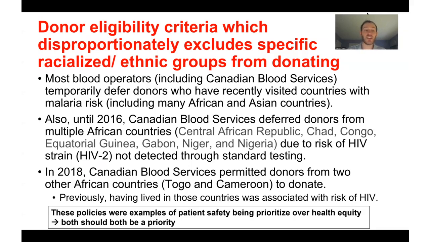And as well, until 2016, Canadian Blood Services deferred donors from multiple African countries due to the risk of a particular strain of HIV2 that was not detected through standard testing. And in 2016, the testing was advanced such that people from those countries were allowed to donate blood. And similarly, in 2018, due to changing HIV2 risk, 2 additional African countries, people from those countries were permitted to donate in Canada. But these are policies where patient safety was being prioritized over health equity, and both need to be priorities.